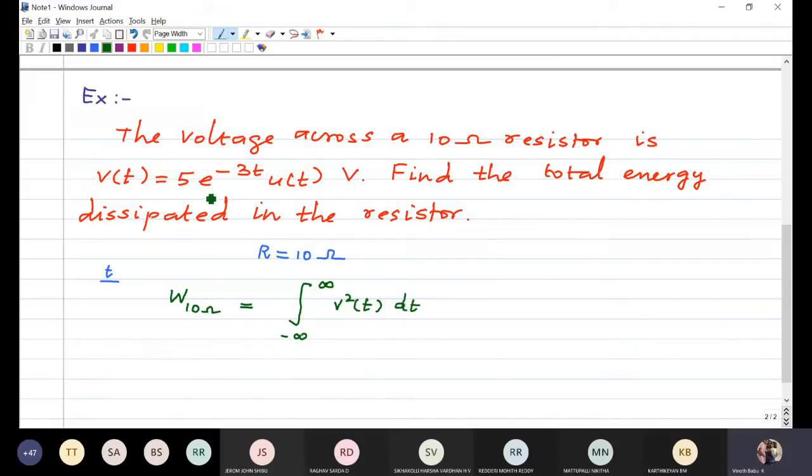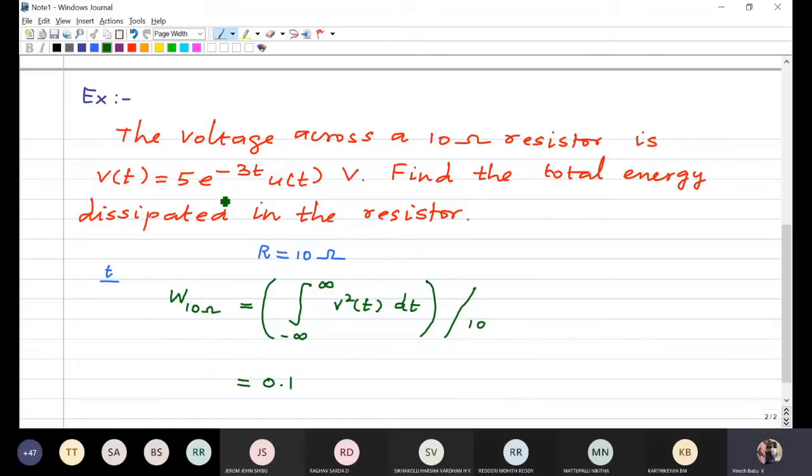And you just see the resistor value is not unity, so this entire value is divided by 10. This is the energy. So I'm writing this 1 over 10, let us write it as 0.1.